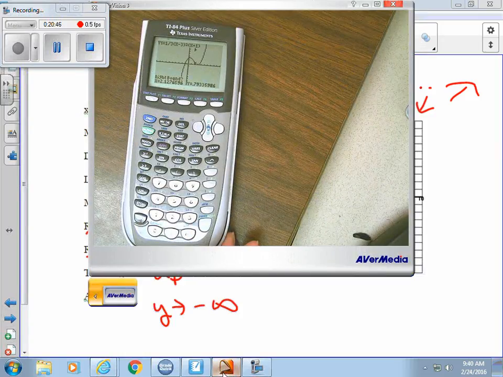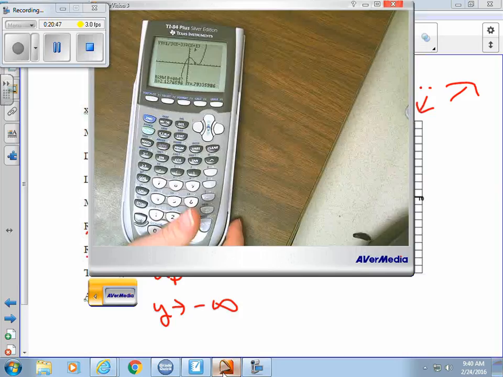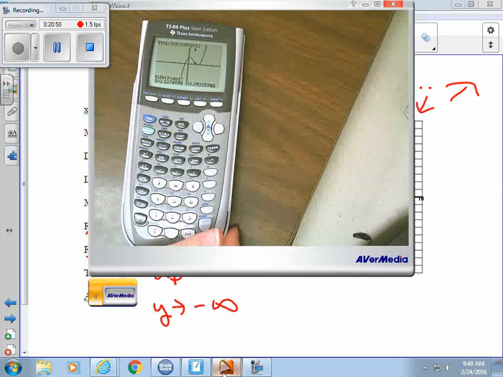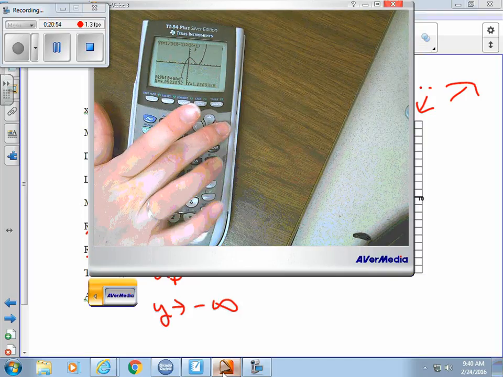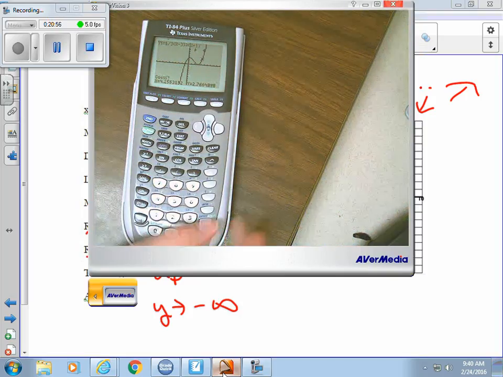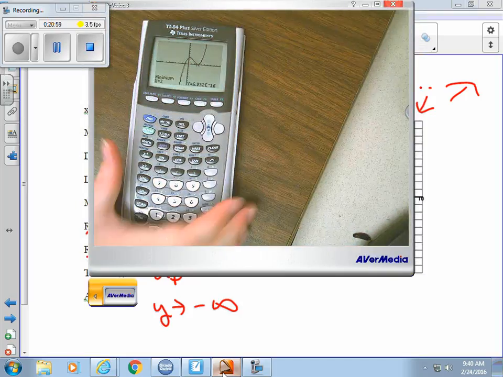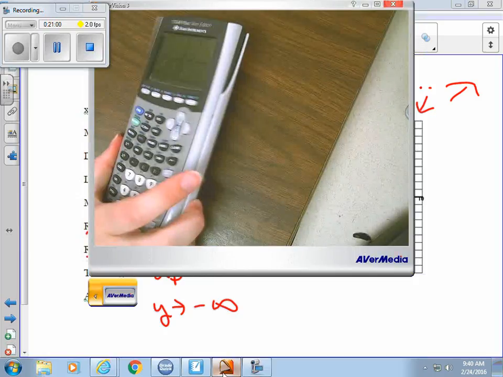And then what does it ask? Right bound. So I'm going to go to the right of the minimum and push enter again. And then I'm going to push enter one more time. And I get the minimum to be 3.